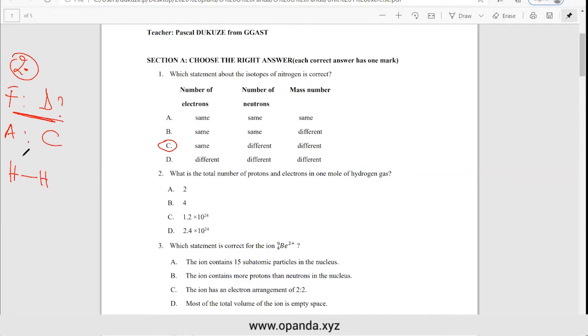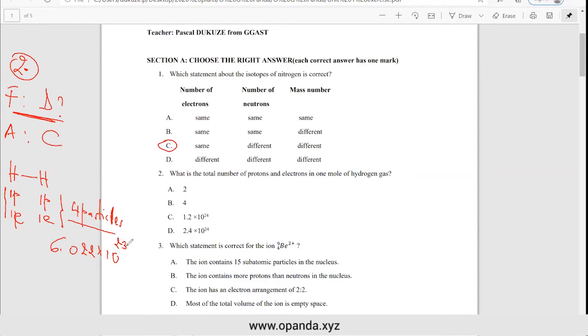So one hydrogen contains 1 proton and 1 electron, and another like that, so they become 4. Then we multiply by the Avogadro's number to change it to moles, which gives us 2.4 times 10 power 24.